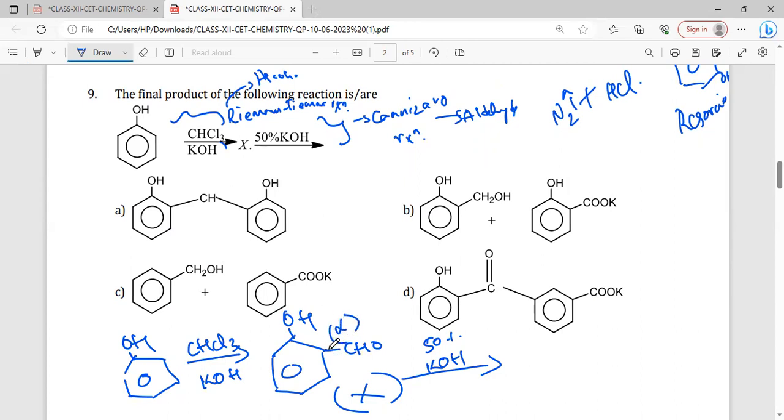So what is an alpha hydrogen atom? This is my functional group, and the carbon next to this carbon is the alpha carbon, and the hydrogen attached to this carbon is an alpha hydrogen. Since I don't have any other hydrogen, I don't have an alpha hydrogen, so this can undergo the Cannizzaro reaction.